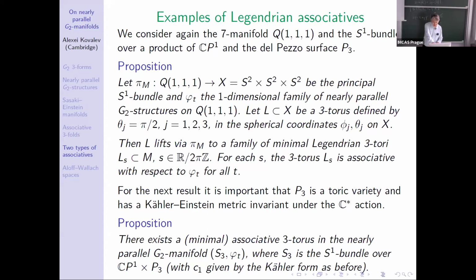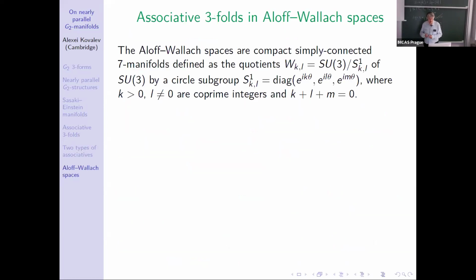Anyway, this assumption on the Sasaki-Einstein is as before. So we use the S1 bundle over CP1 times P3 and choose the first Chern class over the S1 bundle to be given by the Kähler form. Right. So the key point here is a toric variety.